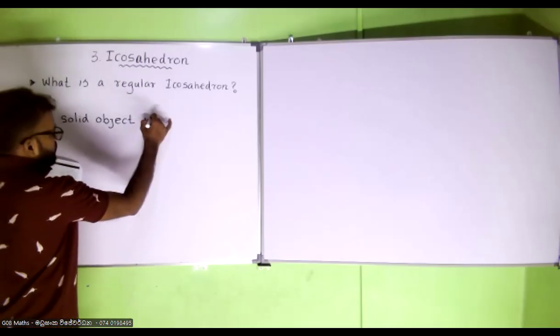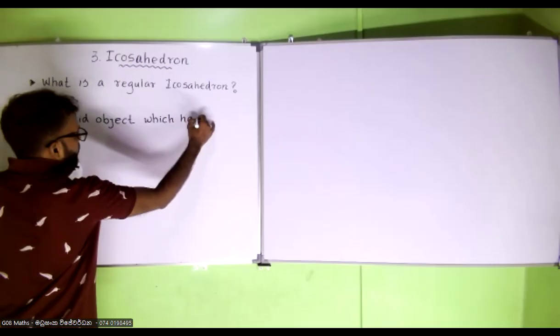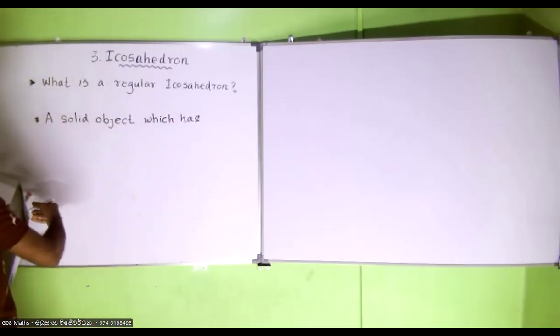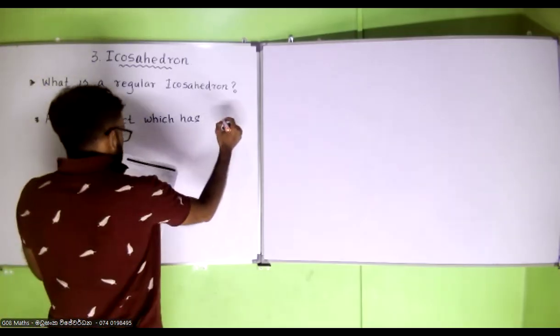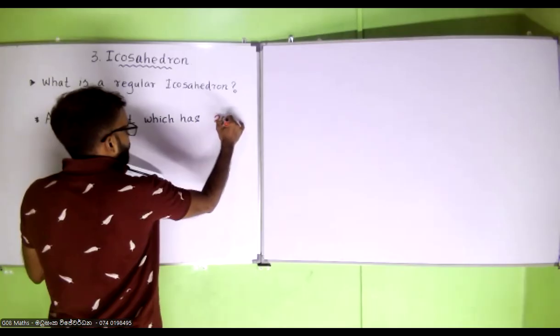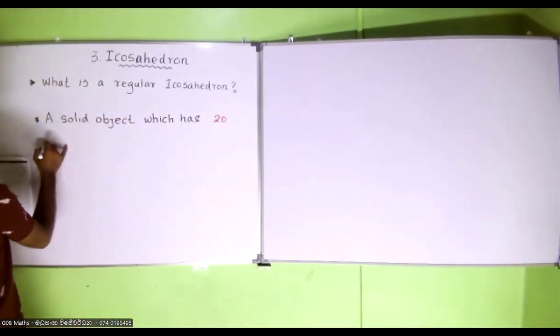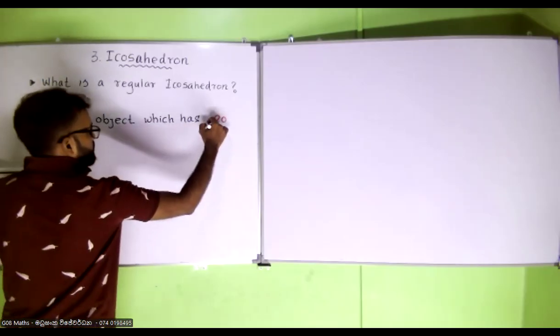A solid object which has 20 equilateral triangular faces is called a regular icosahedron. Write down 20 in the blank space.